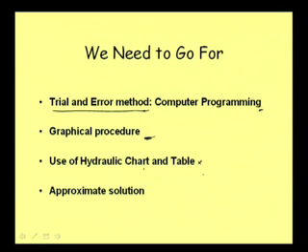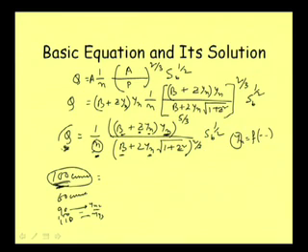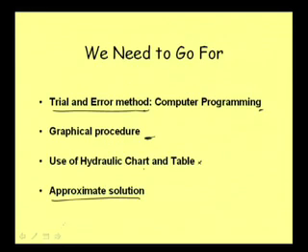And then we have, fortunately, some approximate solutions also. Approximate solution means, as you could see from the shape of the formula, you cannot get the exact solution explicitly, but we have some methods by which we can get an approximate solution for the normal depth.